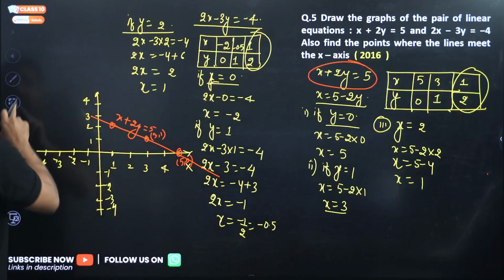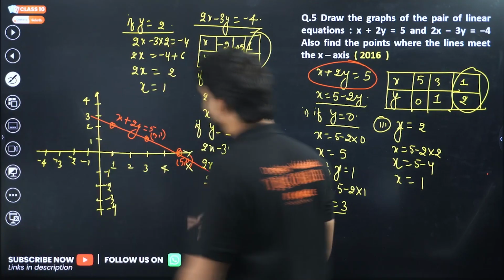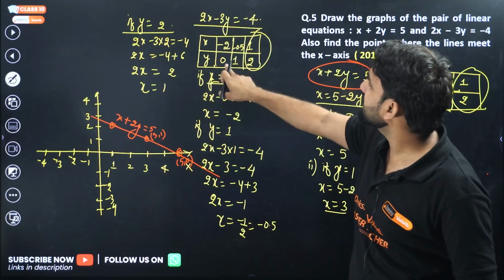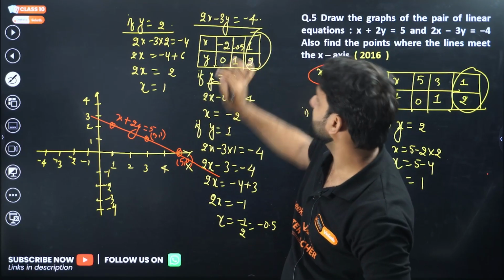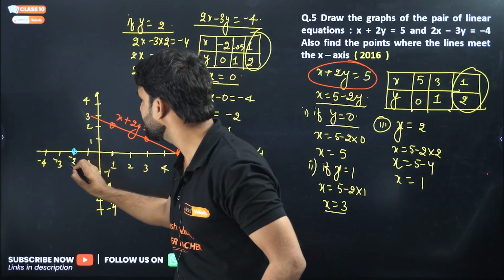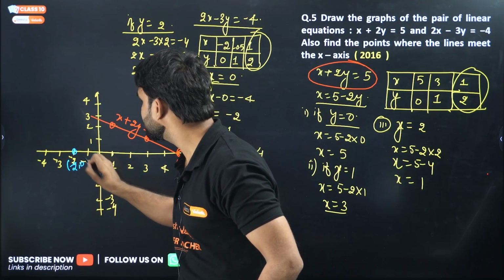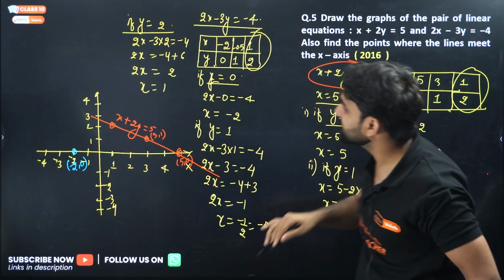Let me change the color of the pen. For the second line I'm taking blue color. So now come to this equation. If x is minus 2, y is 0, where will the coordinate be? This is minus 2 comma 0. When x is minus 0.5, y is 1. Very good.